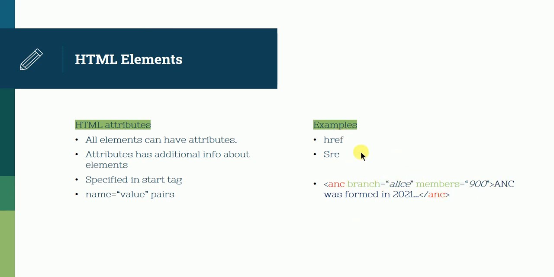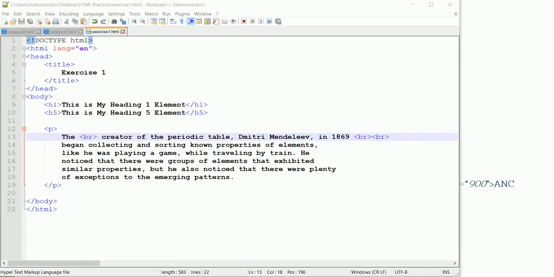Now I'm going to show you real HTML examples. We are going to look at the href attribute and also the src attribute, which means the source attribute. Let us open our Notepad++. We are going to create another file because now we are doing exercise number 2.